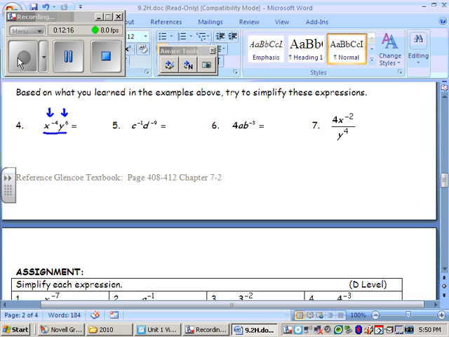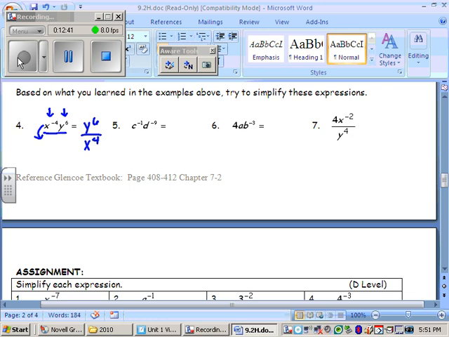So which one do we need to take the reciprocal of? Of course, the x. So to take its reciprocal, we will simply move it to the denominator. Because the exponent of the y is positive, it should not move at all. So it will remain in the numerator, but the x will move to the denominator, making its exponent positive.